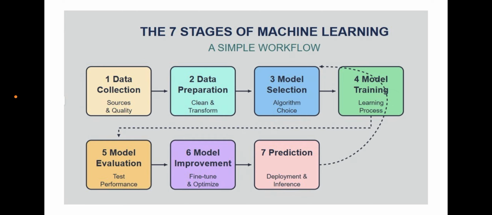After that comes model training, which is another important step. We give more and more data to the machine to develop the model. After that, we also evaluate the model by giving new data. When we submit new data to the model, if the model gives output which is very close to the real data, then we say there is no error in the model.